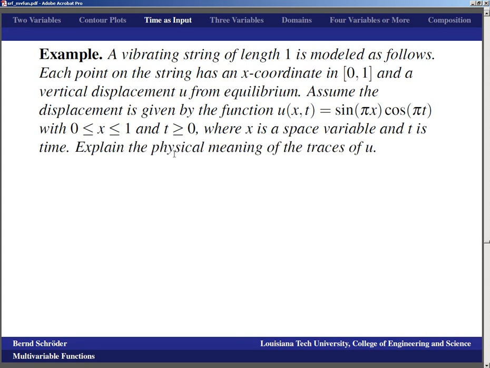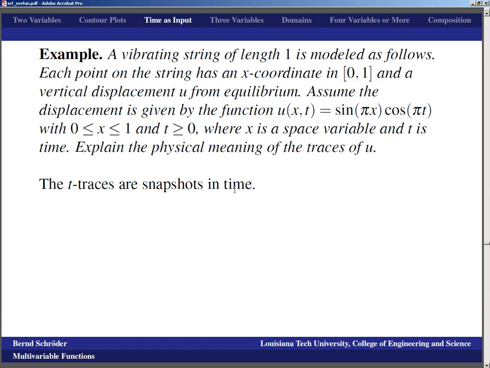And we just want to explain the physical meaning of the traces of u. We really are working our way through all sorts of functions of several variables, and so the first thing that we need to do is explain what those things are. So if we set t equals constant, then we just get a function of space.